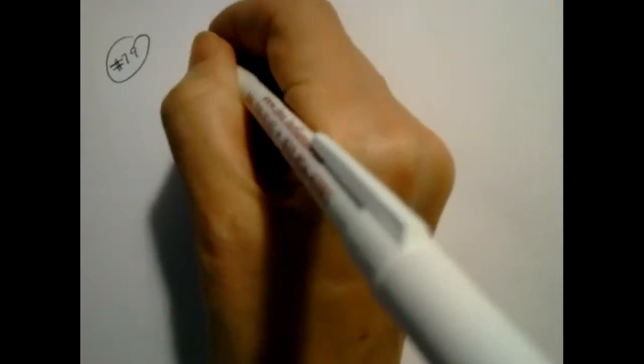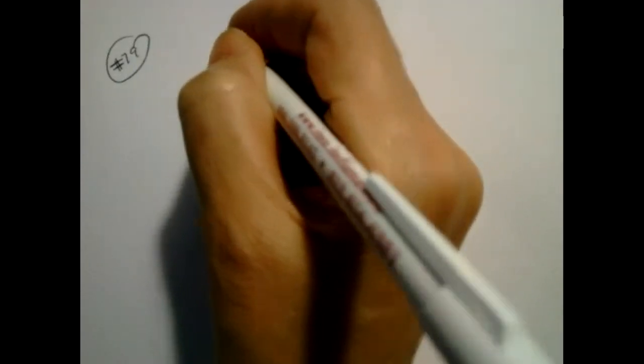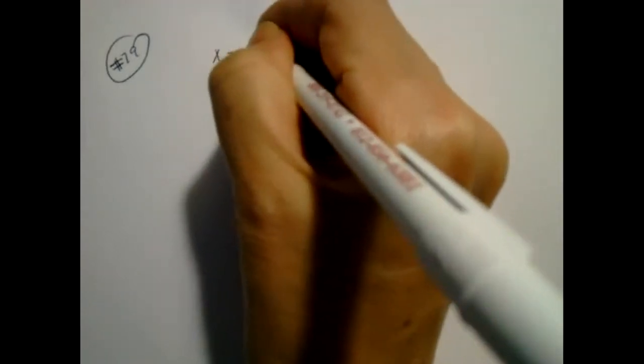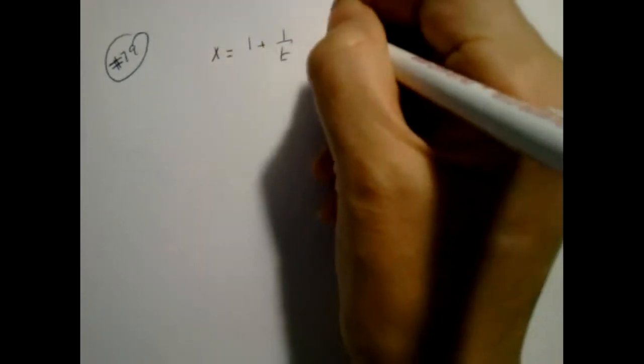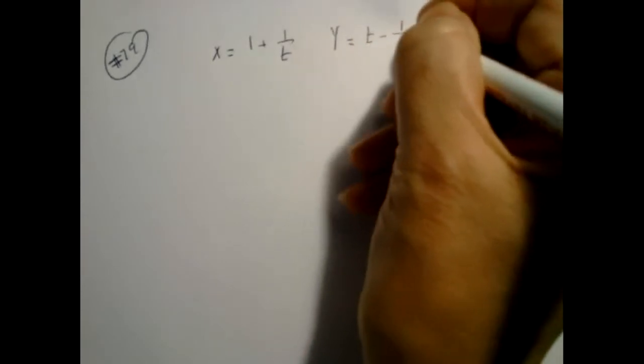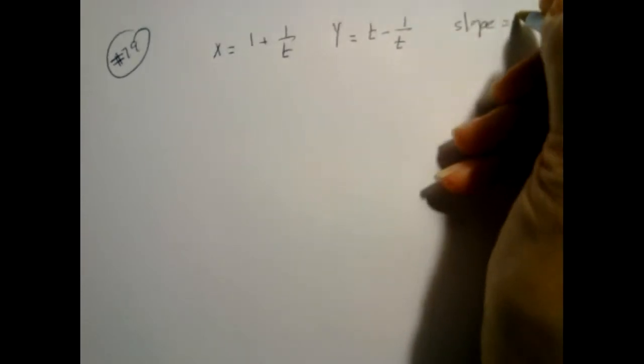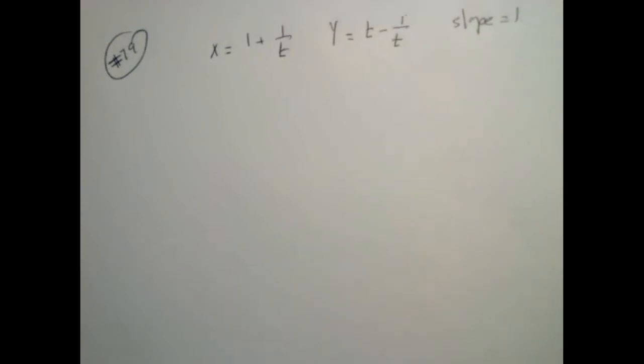Okay, so we have x equal 1 plus 1 over t, so we have a curve, and y equal t minus 1 over t. Again, so we have a curve.